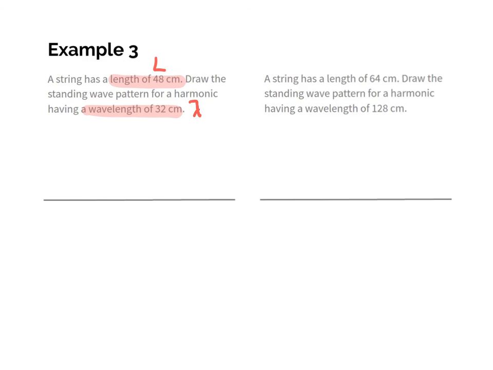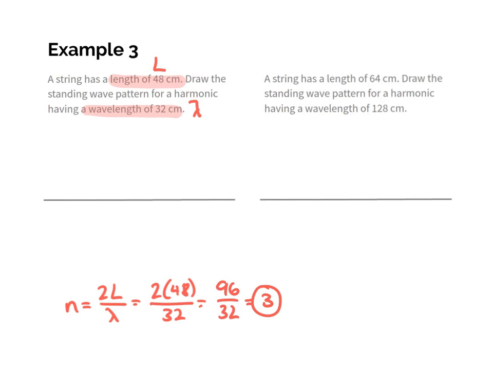So if I want to find the harmonic that we're on, we can use this simple relationship, 2L over lambda, 2 times the length over the wavelength. So I would do 2 times 48 and divide that by 32. 2 times 48 is 96, divided by 32 is going to give me 3. So that means this is going to be the third harmonic.